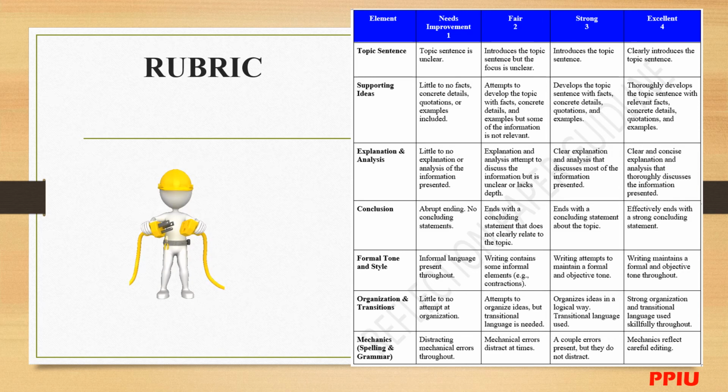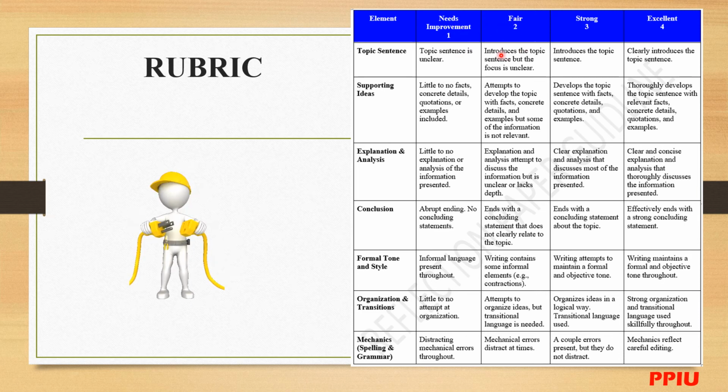Okay, and one more thing: your writing will be marked or graded based on this rubric. Whether your writing has a topic sentence, supporting ideas or something, all of them are here, and we will check based on this. If your topic sentence is not good, you will get only 1: need improvement.